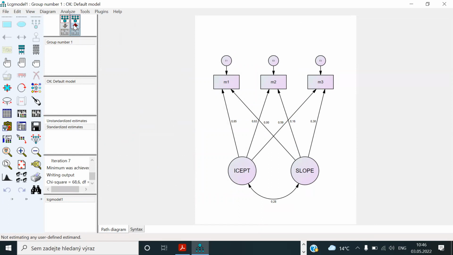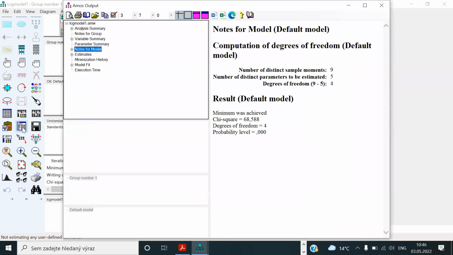And here we are in output, and you can select unstandardized and standardized estimates with very nice pictures here. And all the rest, which is behind the scenes, is output in text. So here we have a set of tables.